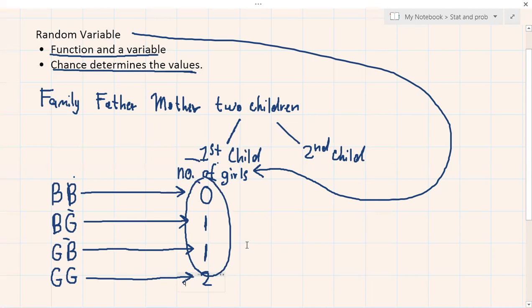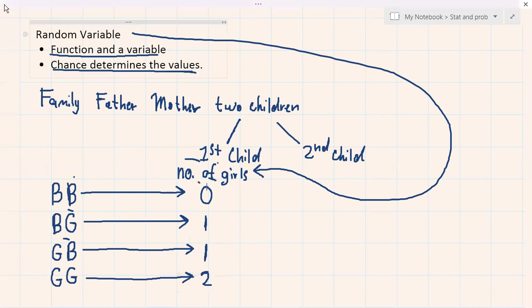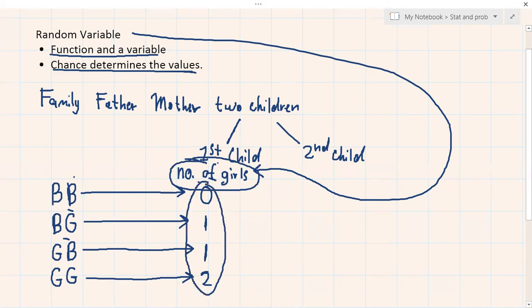So as you can see, these values are what you call as the random variable values. So kung itong si number of girls ay random variable, itong mga numbers determined by the outcome, yan yung tinatawag natin na random variable values.